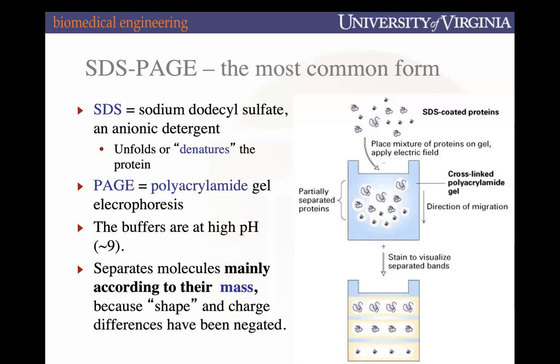One last thing I forgot to mention is we talked about in the very first lecture that some proteins have these disulfide bridges that cross-link a protein. And unfortunately, SDS isn't able to break those disulfide bonds. And so we have these reducing agents that'll break these disulfide bonds. One is called beta-mercaptoethanol.